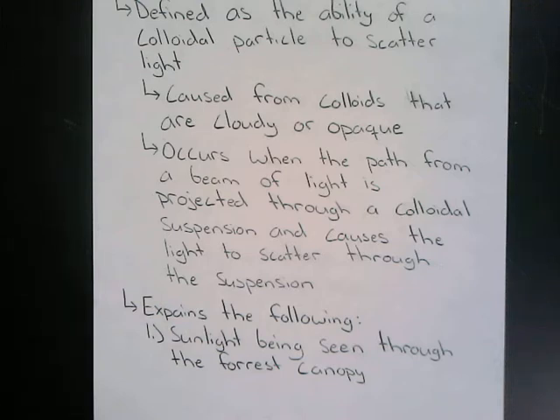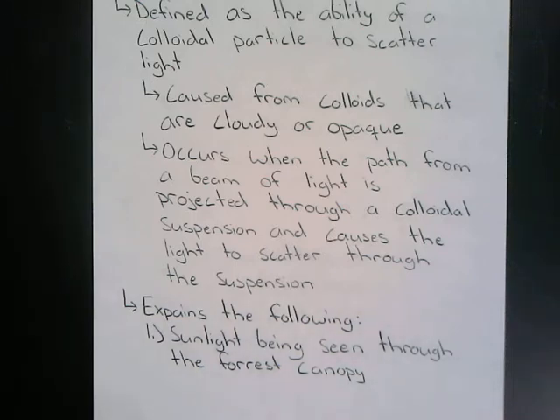Well, what's happening here? The air has colloid dust particles, and as the light hits the air, the light is going to scatter and appear in that way, so that sunlight can be seen through the canopy.